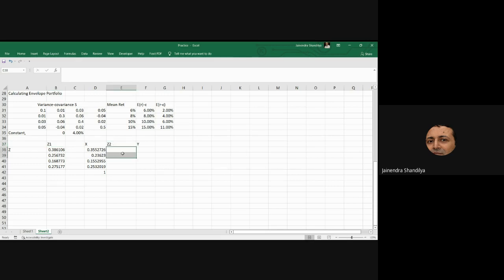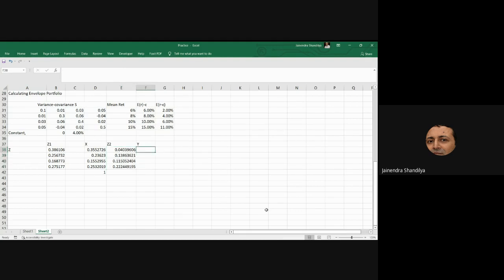Z2 will again be a multiplication of the matrix inverse of A31 to D34 with this one, because this time we are calculating another portfolio. Okay, and then you have got Z2.